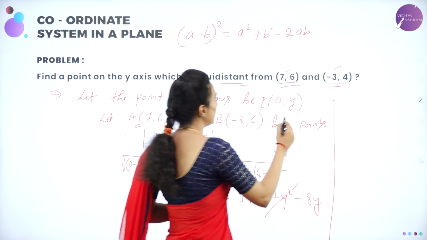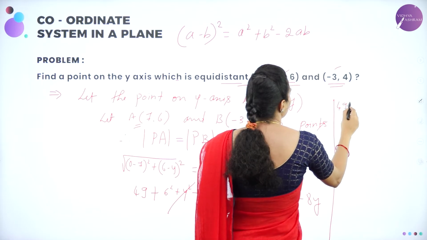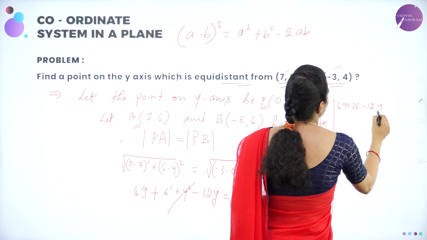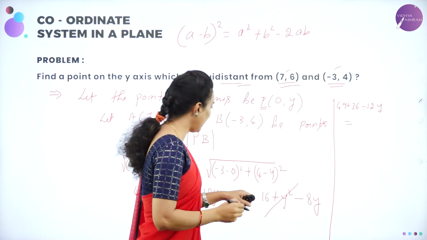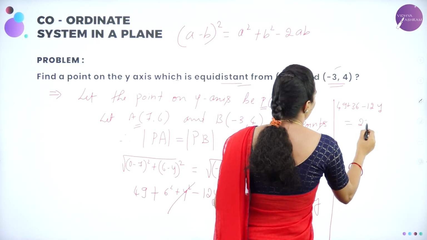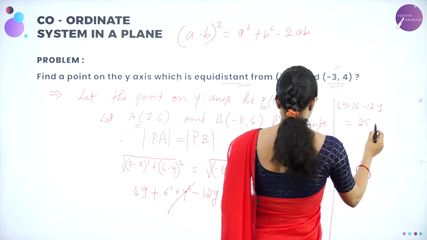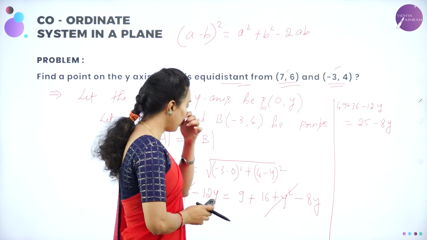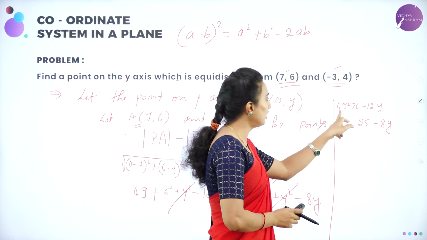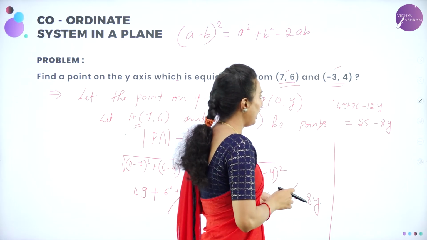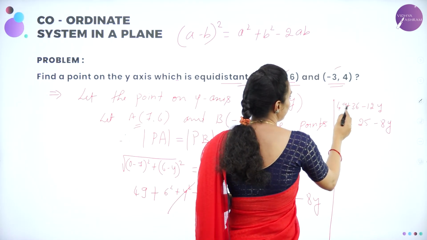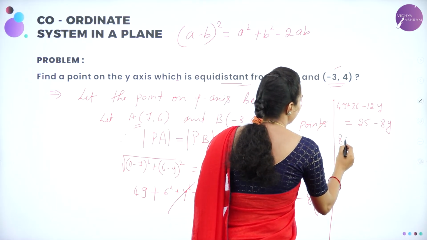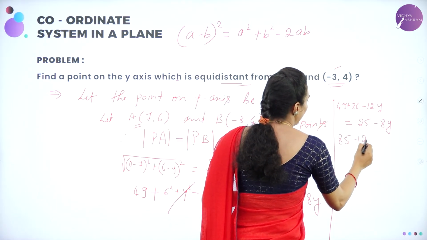So let me write it here: 49 plus 36 minus 12y will be equal to, what is that? 9 plus 16, which is 25, minus 8y, correct? You are going to remain with this value. Since all are positive, you are going to have here, so what is this? 49 plus 36, which is 85, isn't it? So you are going to have 85 minus 12y.